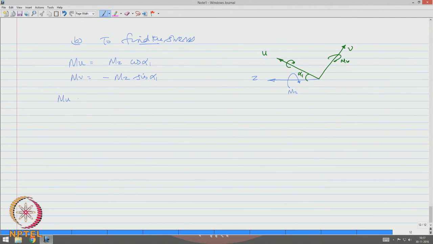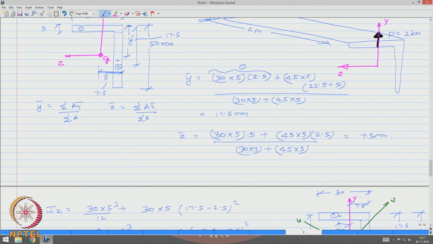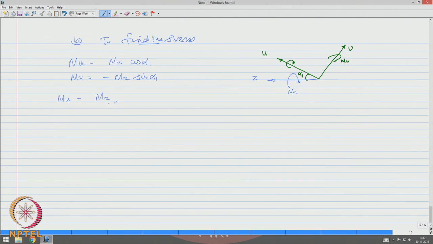So, let us say what is M z, go back to the original problem. It is a cantilever with 2 kilonewton for a span of 2 meters. It will make the beam to bend this way. So, tension at the bottom and compression at the top. The moment is going to be actually 2 into 2, which is 4 kilonewton meter.